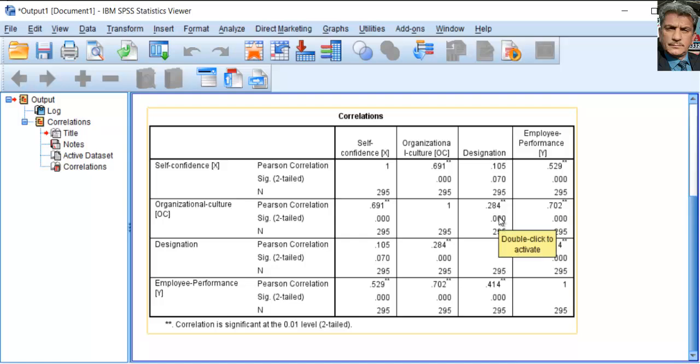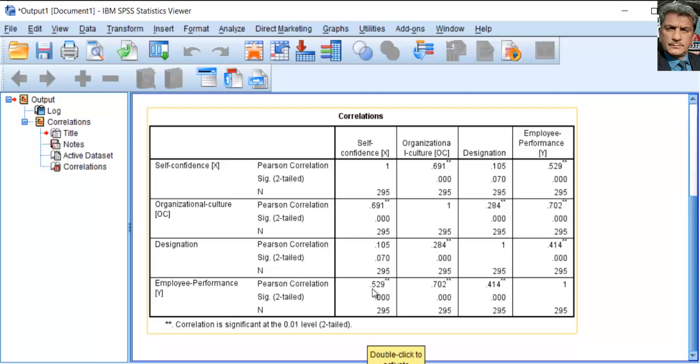In social sciences, the researcher is more interested in the association between the predictors and the test variable or the dependent variable. So we shall start checking whether self-confidence is associated with employee performance or not.